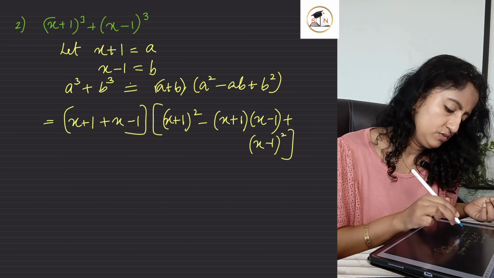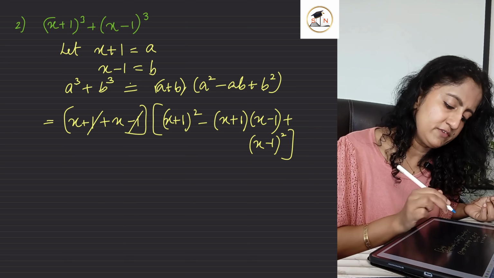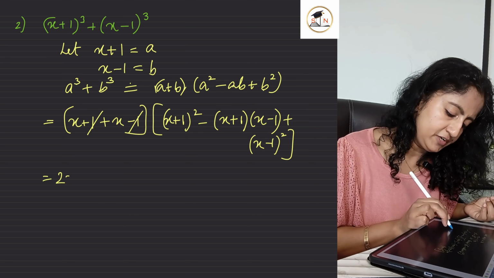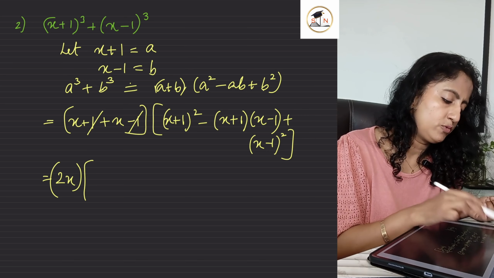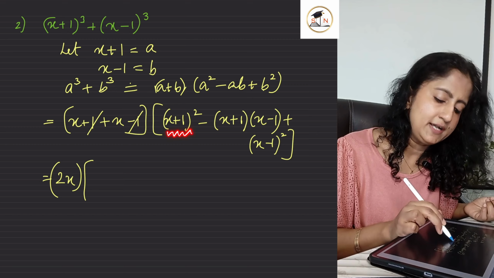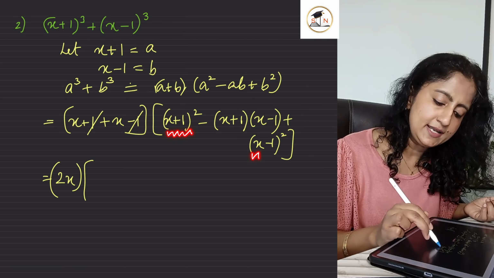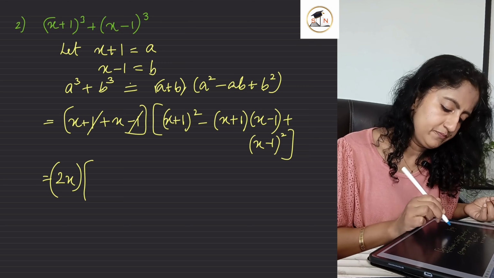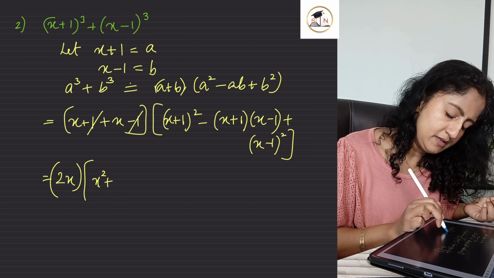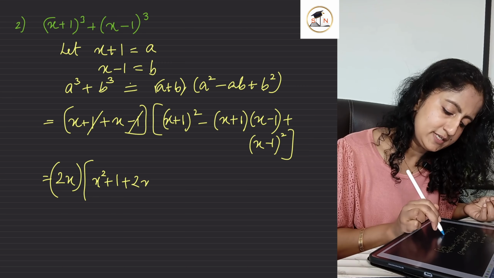Clear? Now, in the first bracket, we can see 1 and 1 getting cancelled. We are left with 2x from the first bracket. In the second bracket, we need to expand x plus 1 whole square and x minus 1 whole square also. Okay, so starting with that, we get x square plus 1 plus 2x.